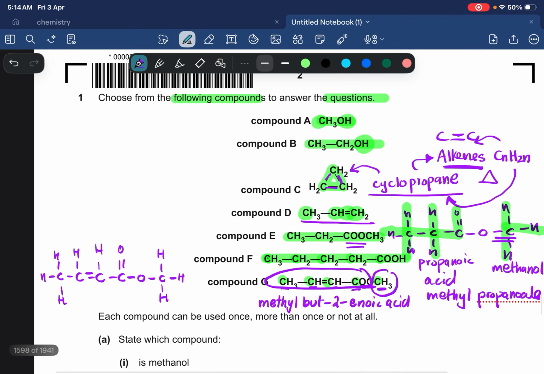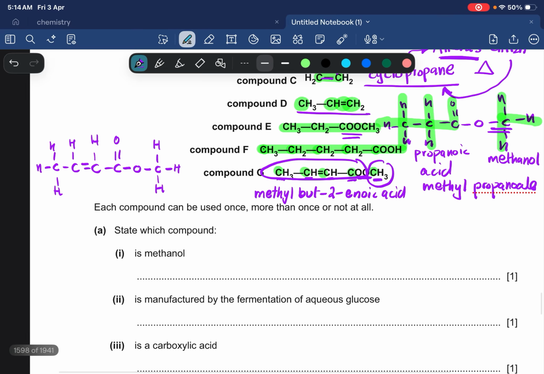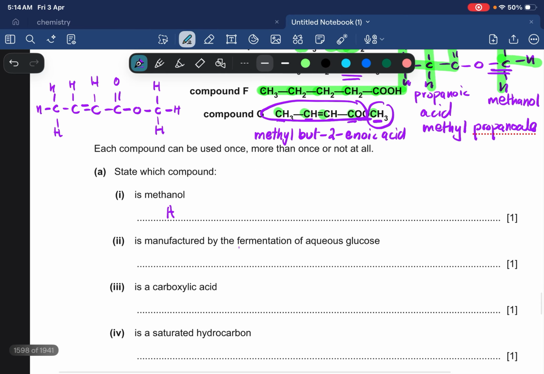Now, what is methanol? Methanol was A, right? We have done all the hard work. Ethanol is manufactured by fermentation of aqueous glucose. You know that when you ferment aqueous glucose, you form ethanol and carbon dioxide.